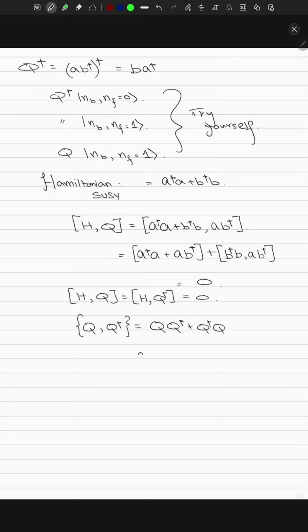All you have to do is put in the values A B dagger and B A dagger, and then you can apply it to a state, and you can see that this essentially gives you back A dagger A plus B dagger B, which, if you look at here, is simply the Hamiltonian for the supersymmetric oscillator.